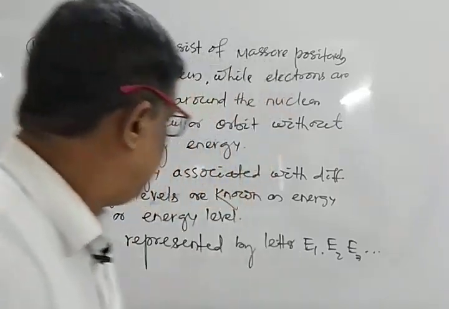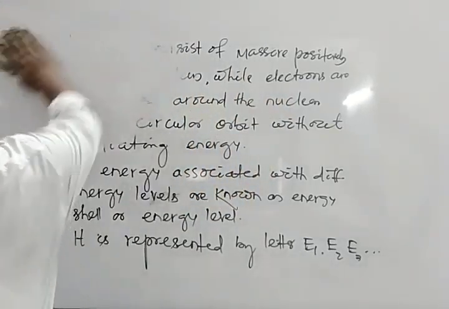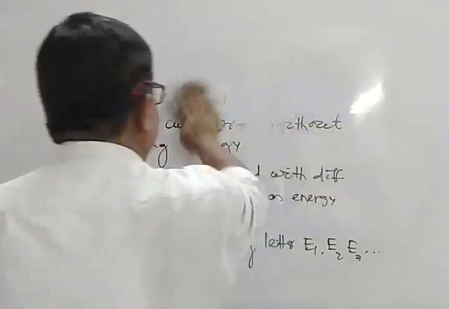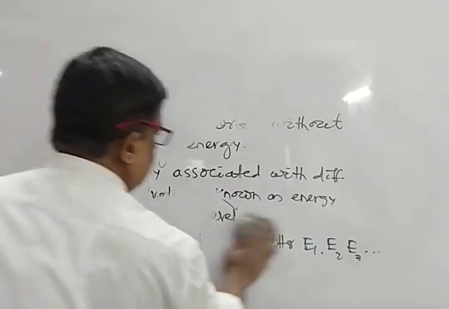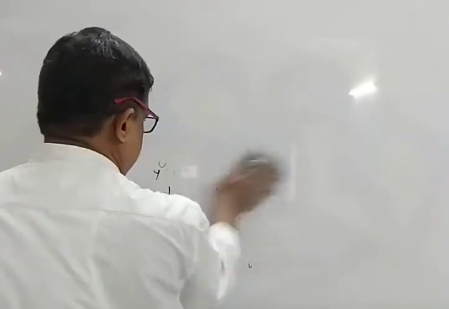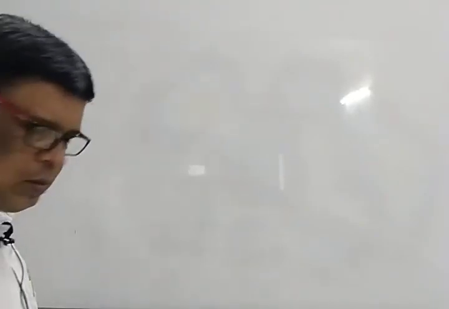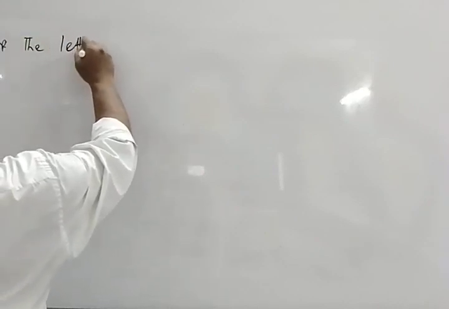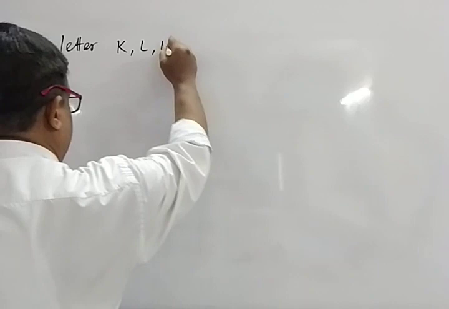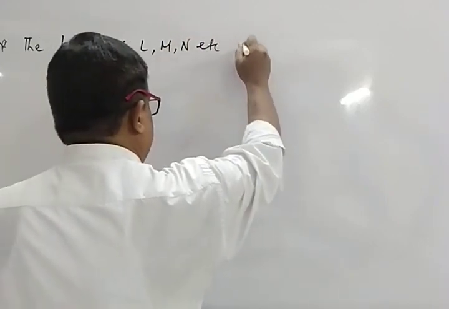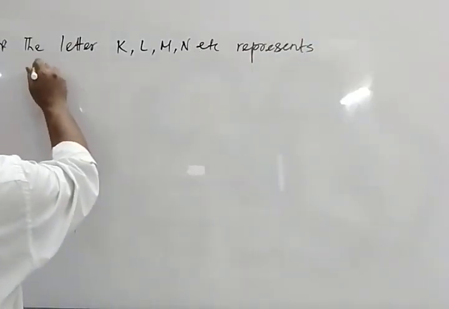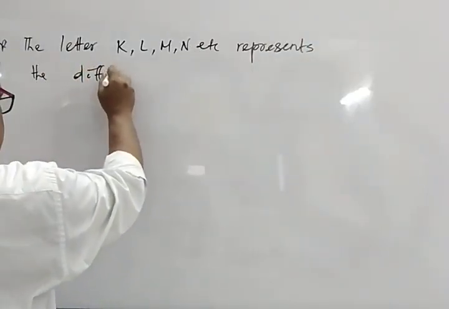Mark that, the next point. The letters K, L, M, N, etc. represent the different energy levels.